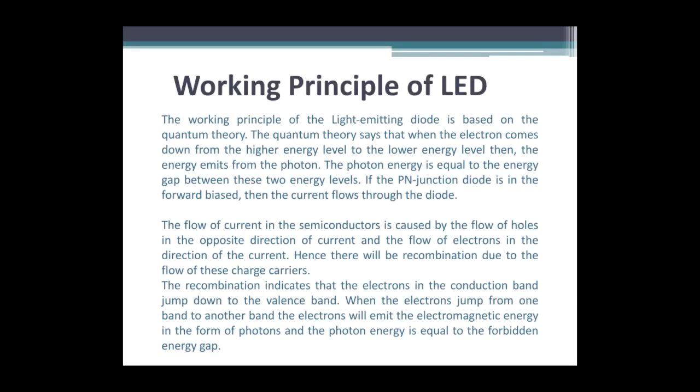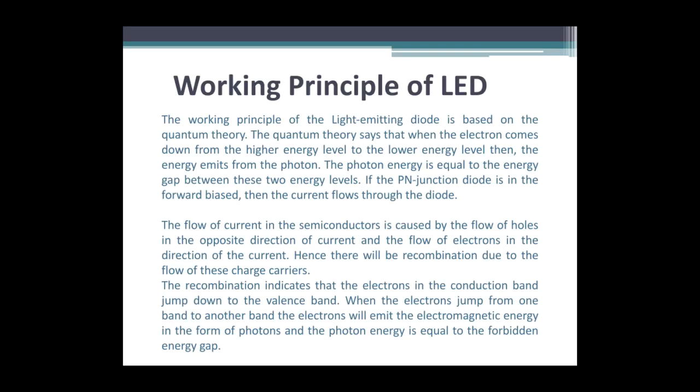Working principle of LED. The working principle of the light emitting diode is based on quantum theory. The quantum theory says that when electrons come down from a higher energy level to a lower energy level, the energy is emitted as a photon. The photon energy is equal to the energy gap between these two energy levels.